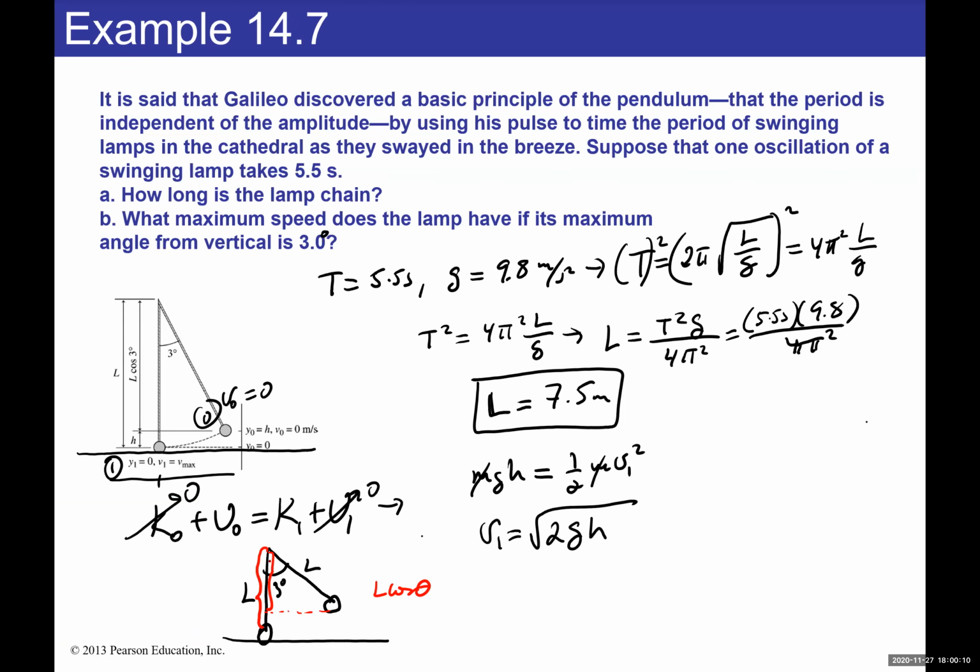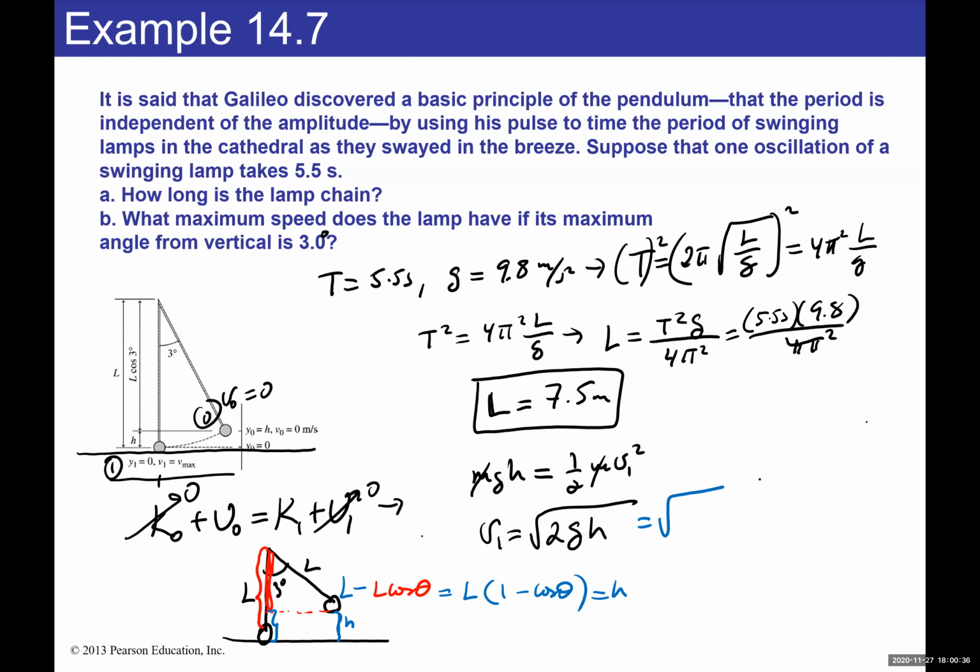L is the hypotenuse, theta is 3 degrees, so this portion over here is the adjacent side of the triangle, which is L cosine theta. That means I can solve for this portion by doing L minus L cosine theta, which is L times 1 minus cosine theta. And this exactly equals my h, because this is basically my height.